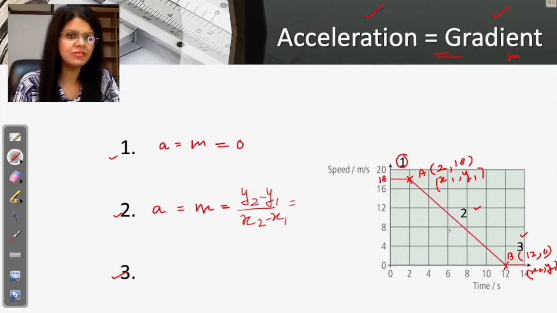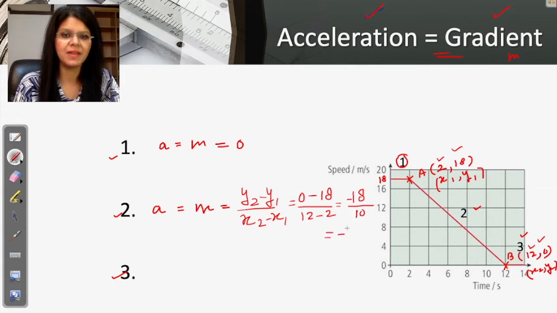So y2 is 0, minus y1, which is 18, over x2, which is 12, minus x1, which is 2. That is minus 18 over 10. So how much is the acceleration? Minus 1.8 meters per second square.